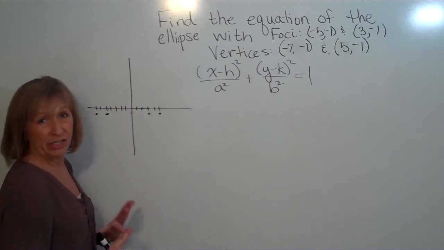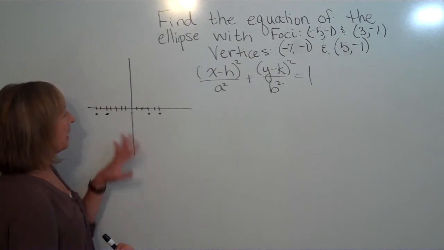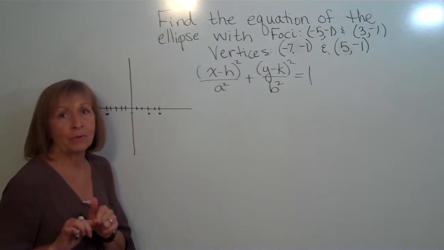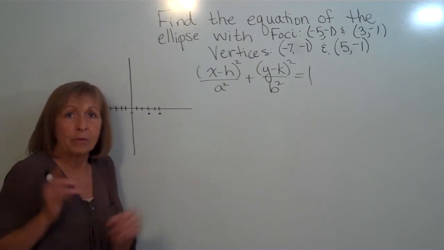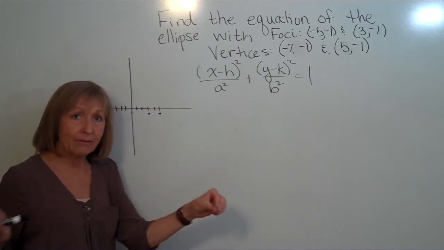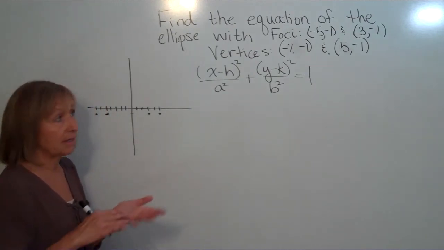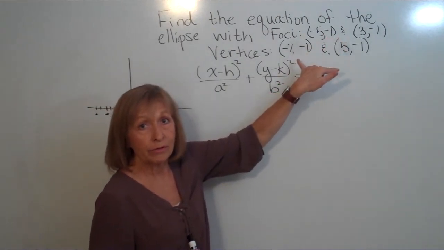Now, I don't know h and k, I don't know a or b, but remember that the center of your ellipse is exactly halfway between the foci, and it's halfway between the vertices. So it's actually the midpoint of the line segment connecting either the foci or the vertices.